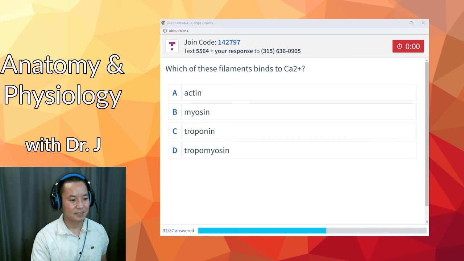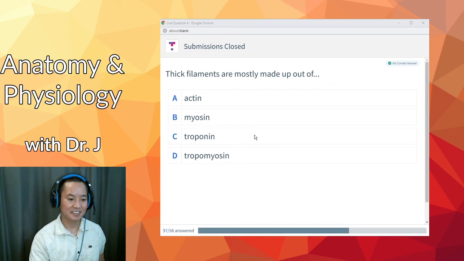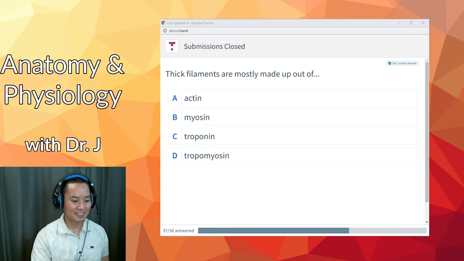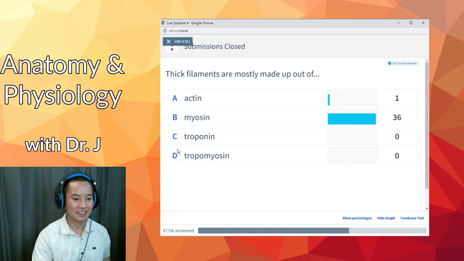And then, thick filaments are mostly made up of, okay, let's see how everyone did. So most of you said myosin and most of you are correct. It is myosin.